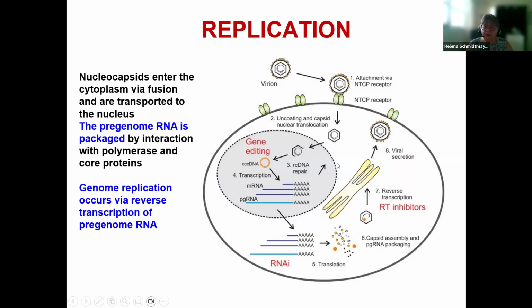Now, let's go back to replication. So this circular double-stranded DNA, which persists in the nucleus, can serve as a template for synthesis of viral mRNA, which are transported to cytoplasm and give rise to proteins. Now, the viral capsid assembles and packages RNA and polymerase, reverse transcriptase.